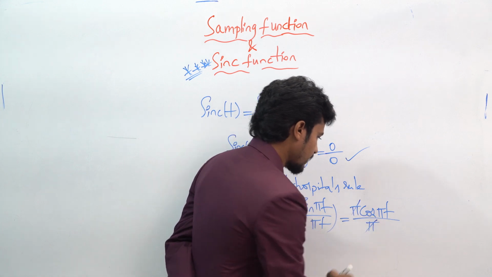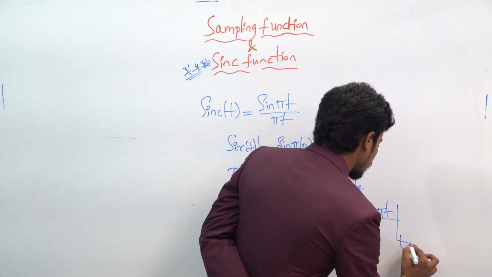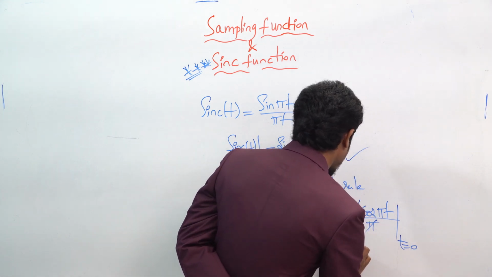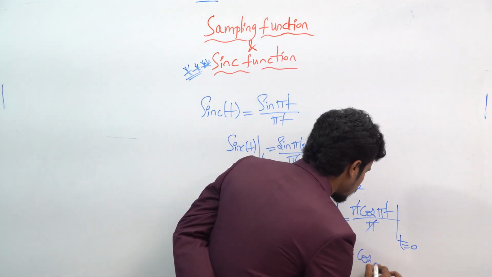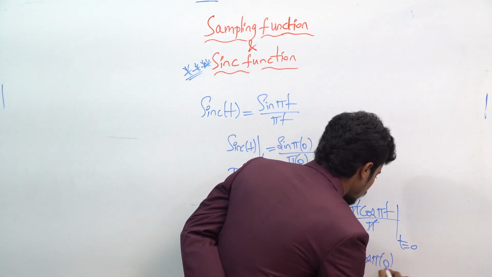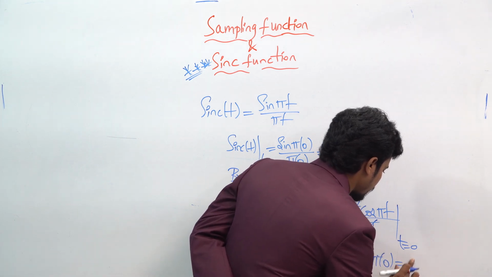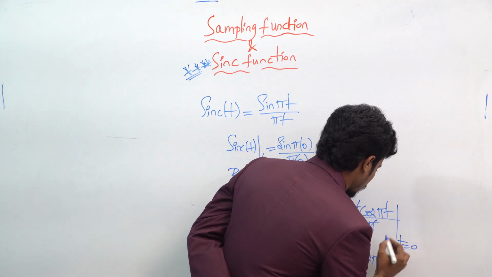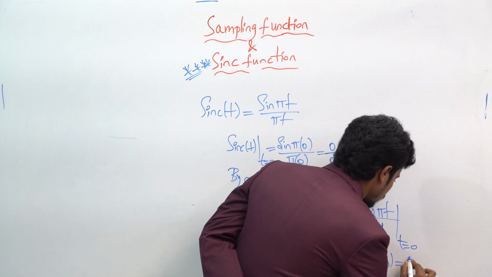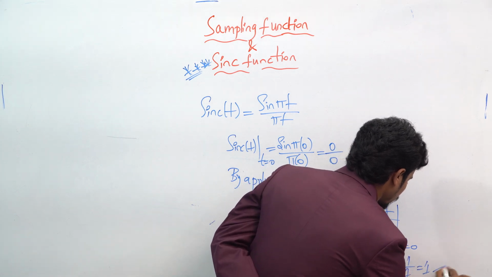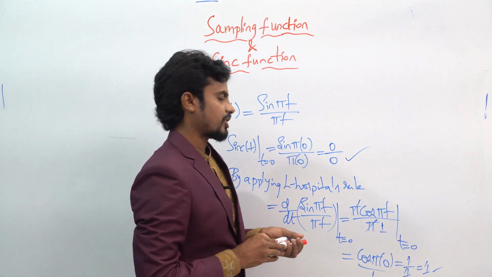Here pi cancels out. Now put t equal to 0. How much do you get? Cos pi into 0, that is cos 0, which is equal to 1. This will be 1 divided by 1, so you get 1. In this way, we can use this sinc function.